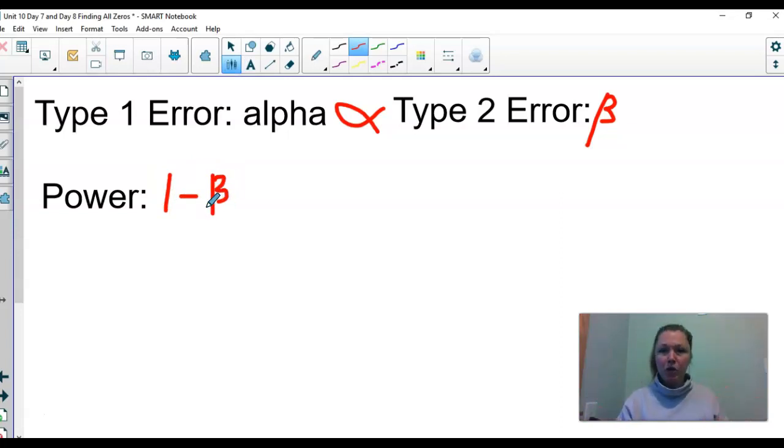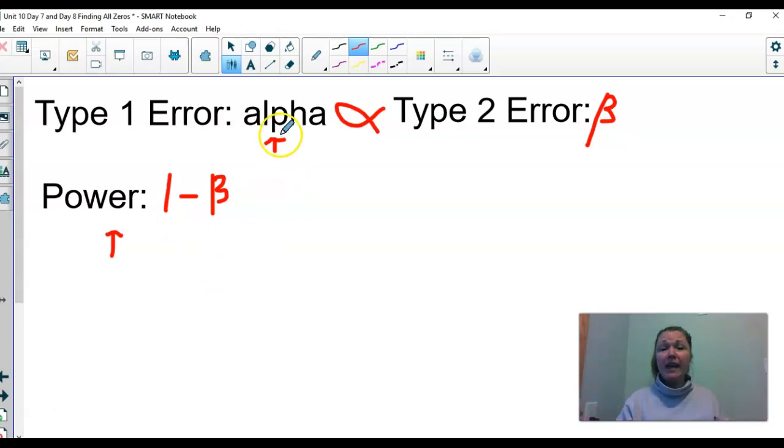Now, how do I increase the power? I talked about it at the last slide. We increase alpha. Why do we increase alpha? Because these have a direct relationship, okay? We also need to increase the sample size. Now, how are type 1 errors and type 2 errors related? They are inversely related.